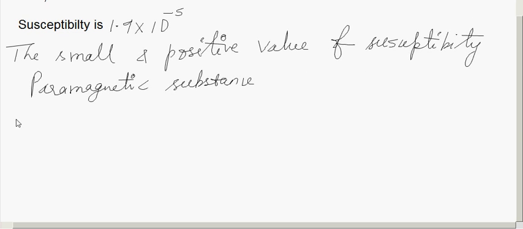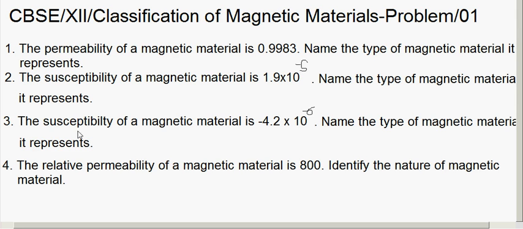Now we'll take down the third one. The susceptibility of a magnetic material is minus 4.2 into 10 to the power minus 6. Here we have a negative value of susceptibility, and the negative value of susceptibility represents diamagnetic substance.